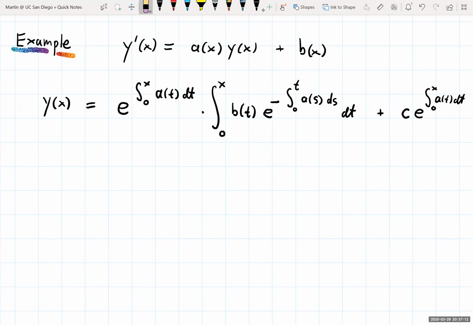Now take that entire thing and integrate it over t, and then corresponding to the constant of integration, we have this additional term here, c times exponential of the integral from 0 to x of a of t dt.